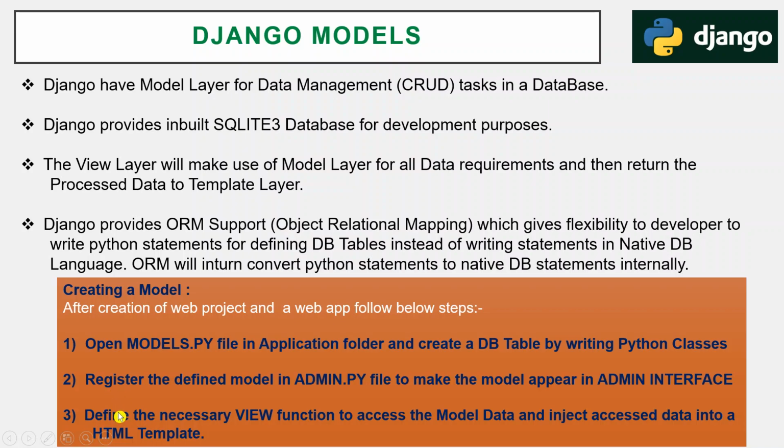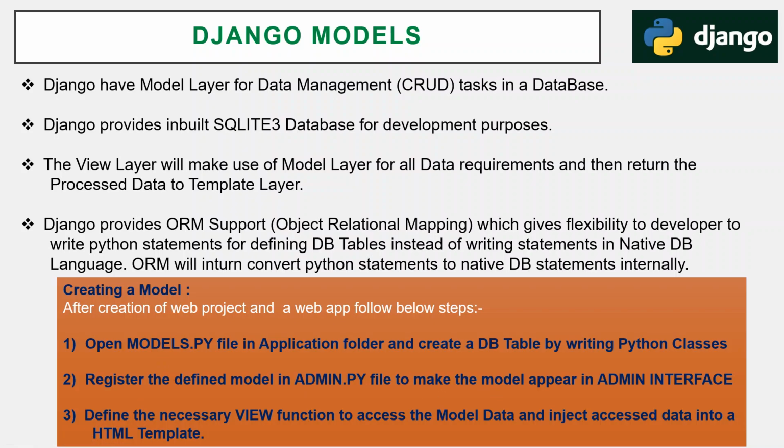And then we need to define the necessary view function to access the model data and inject the accessed data into an HTML template. The first two steps will define the models and then register the models in the admin.py file.